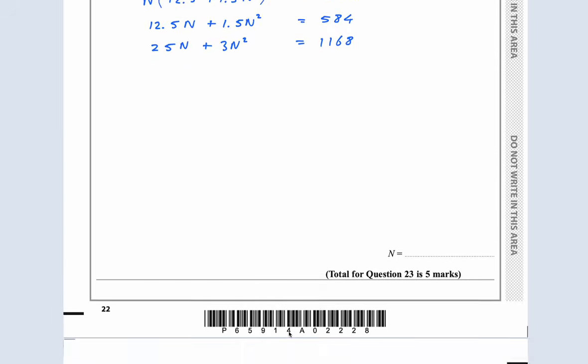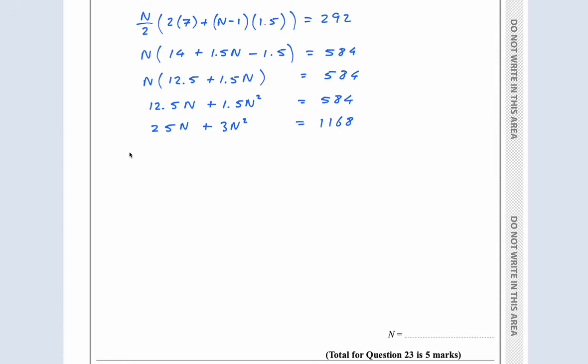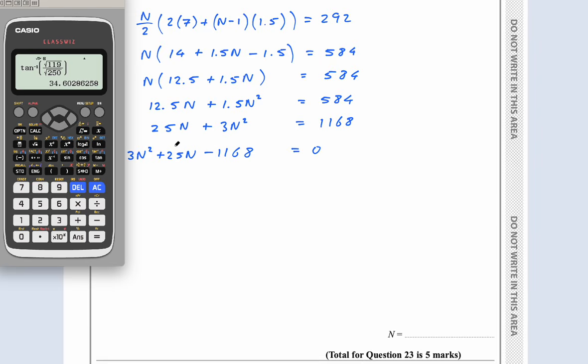Now I need to solve this. I'm trying to find n. Okay, so I'm going to do 3n squared plus 25n minus 1168 equals 0. So this is obviously a horrible quadratic to solve, but guys, we can use our quadratic formula. Or if you are able to use your calculator and work backwards, you can factorize it if it does factorize.